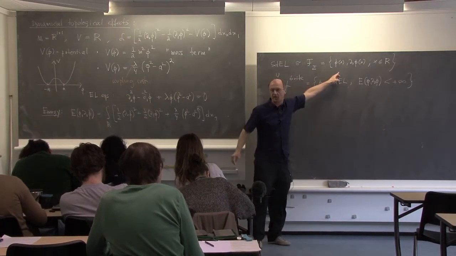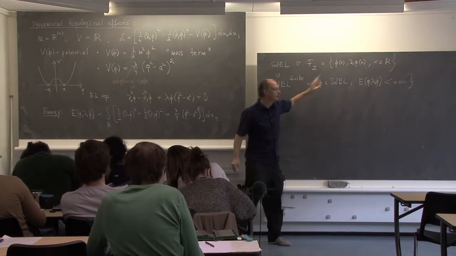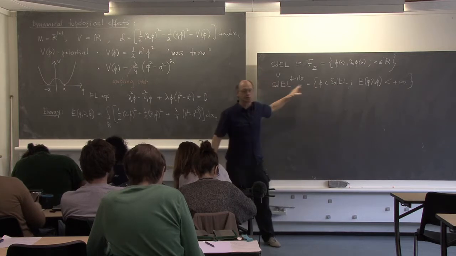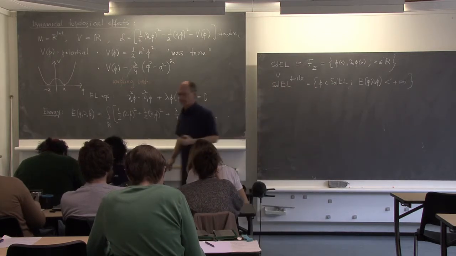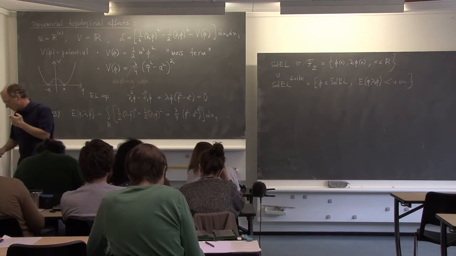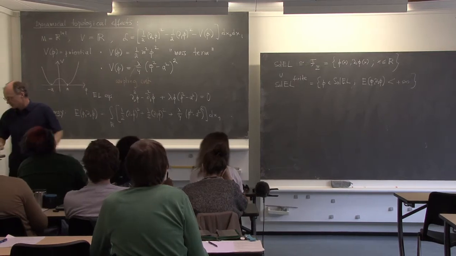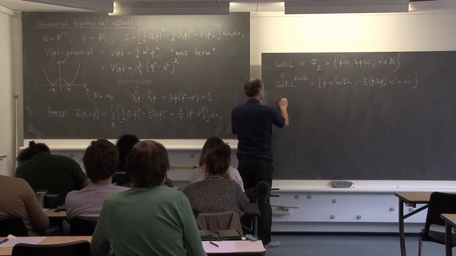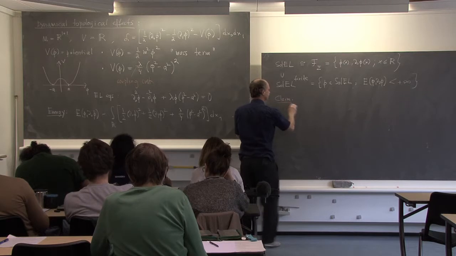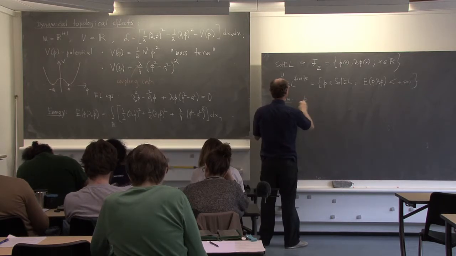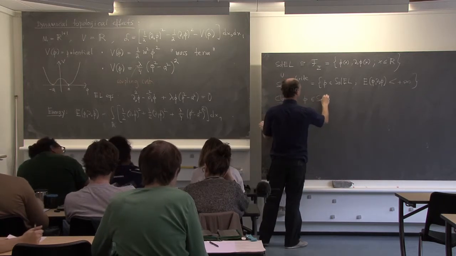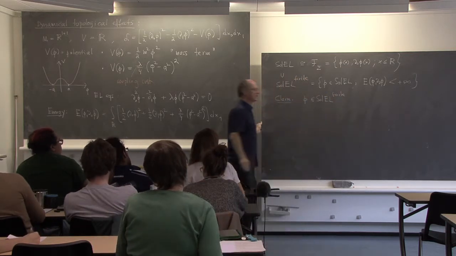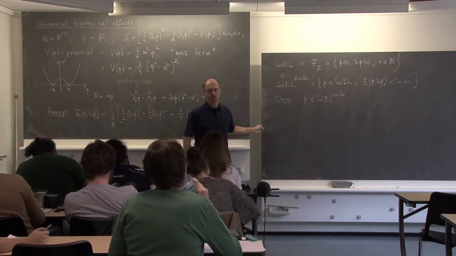Now, this was a vector space, so it didn't have any interest in topology. But now it's just a subset in this vector space. Who knows how it looks like? In particular, I won't be proving it, but let me make the following claim. Suppose that phi is an element of Sol EL finite.